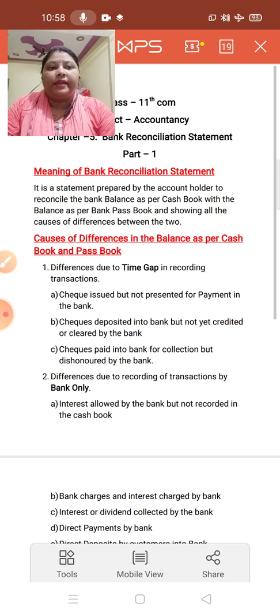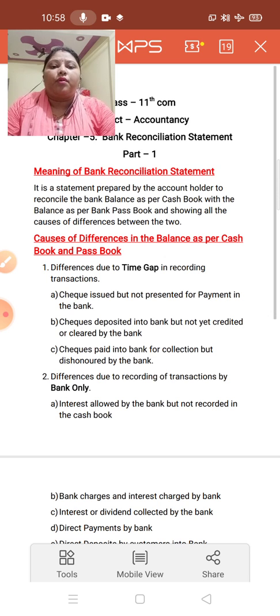They are generally different. So the firm would want to know the reasons. What are the reasons behind it, why are the cash book and passbook generally different? For this purpose, a statement is prepared which is known as the bank reconciliation statement.